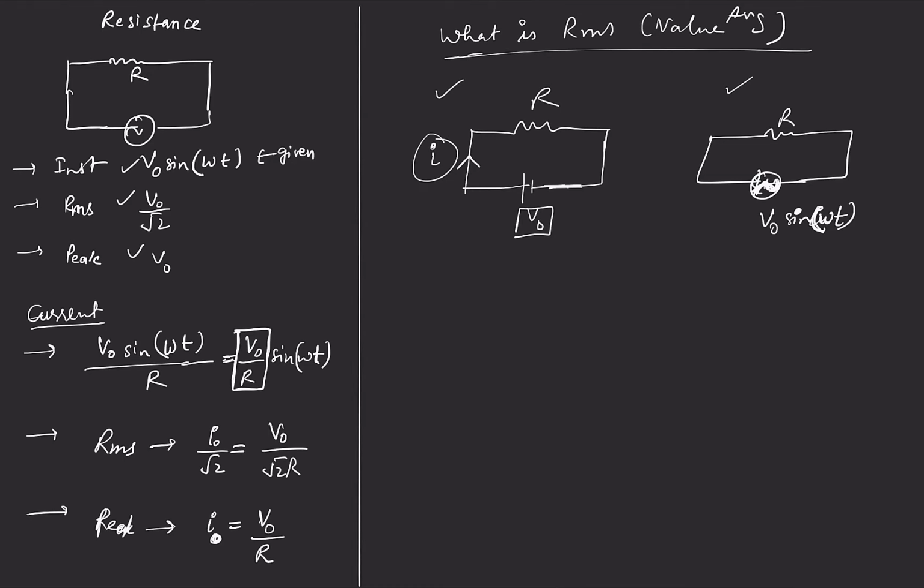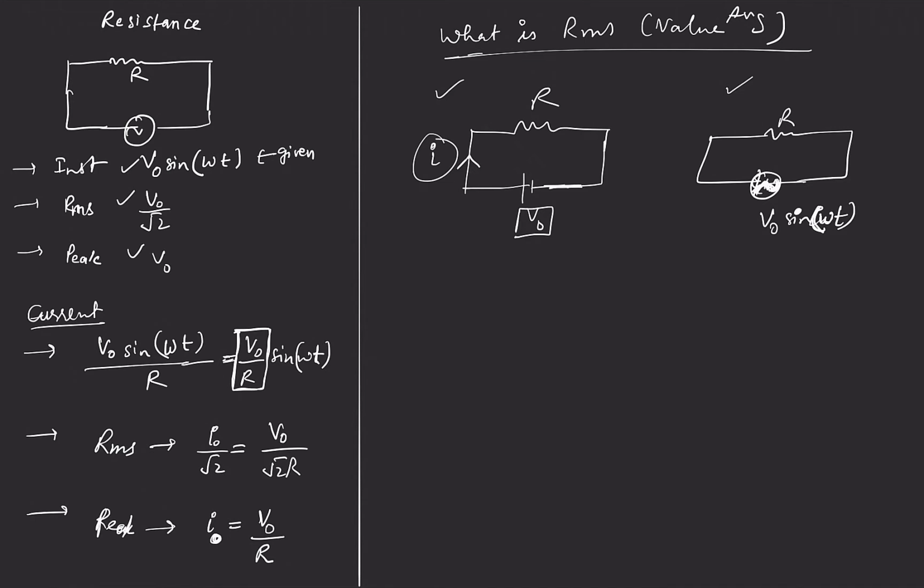We know that the average power dissipated in the right circuit and the left circuit should be the same, not the instantaneous power, because instantaneous power can't be the same. For the left circuit it's constant, but for the right circuit it keeps on changing. So we'll calculate the average power in the right hand circuit, and that should be equal to the average power of the left hand circuit.